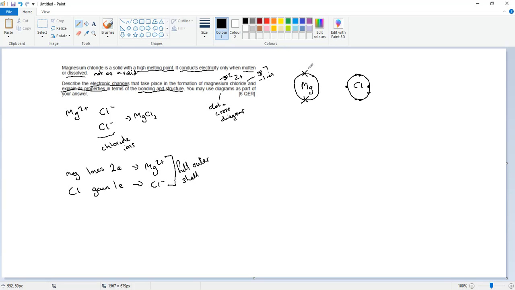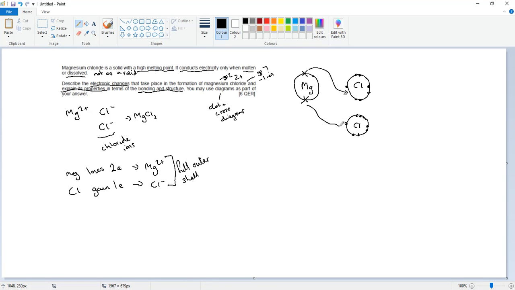So we can see this electron here goes into this gap here, and that still leaves another electron, so we need another chloride ion here. So 1, 2, 3, 4, 5, 6, 7.